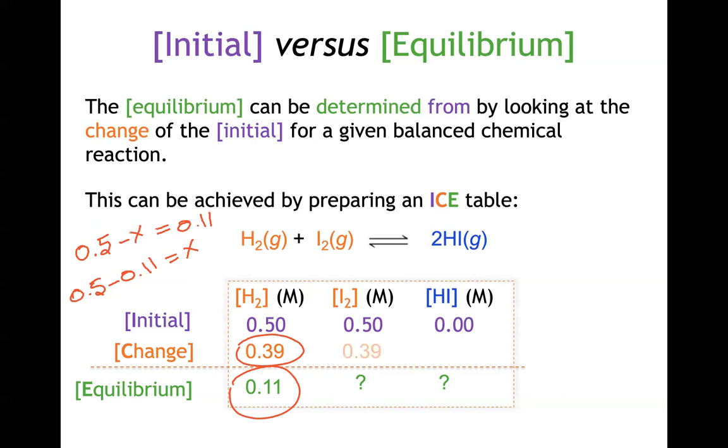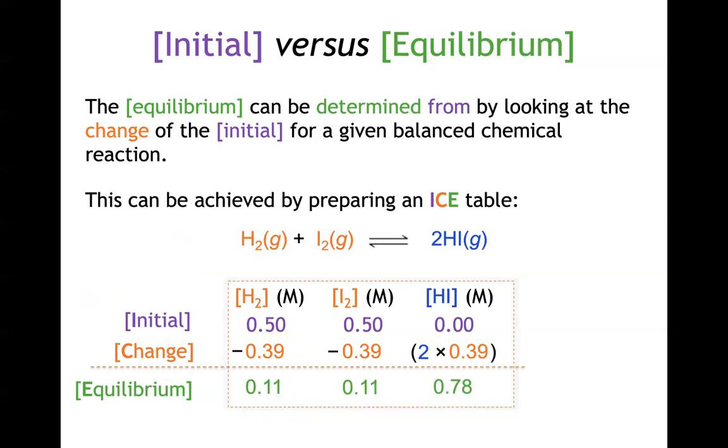So then the concentration of the other reactant is also going to decrease by X. The concentration of the product is going to increase by 2X. And don't forget the negatives right here. And that's how we would get that. Well, what does it relate to? If we know the concentration at equilibrium, we can now determine the equilibrium constant.